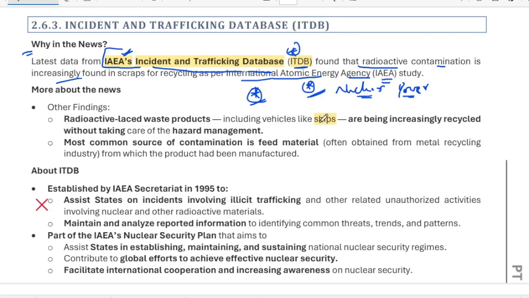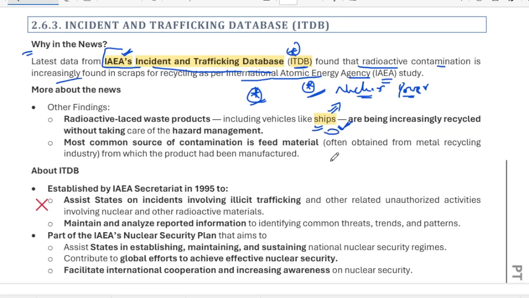And how is this radioactive waste increasing? It is increasing from ships. Some ships are being recycled, and the breaking or dismantling of ships goes on for recycling. This recycling of ships will lead to an increase in radioactive toxicity around the area where the ships are being dismantled, and in the oceans also.